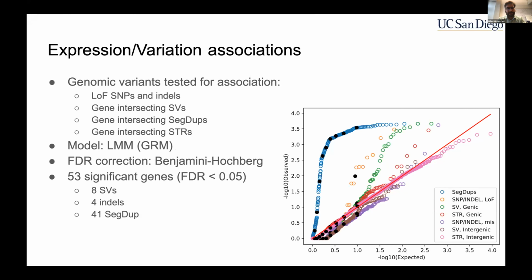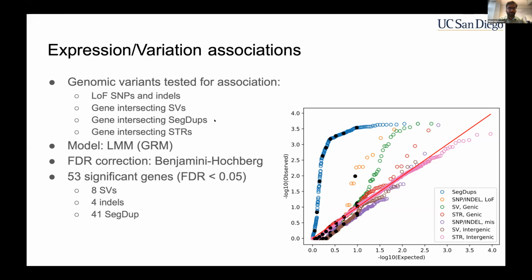Next, we looked at association between expression data and variations that we found. Genomic variation tested was loss of function, SNPs and indels, gene-intersecting SVs, and gene-intersecting seg-dups and STRs.